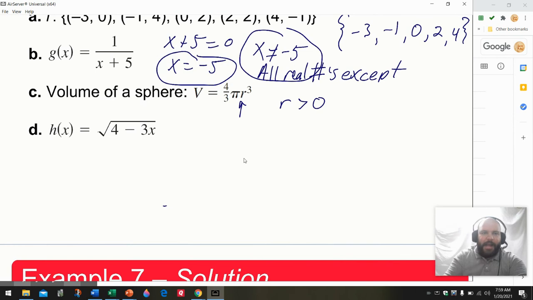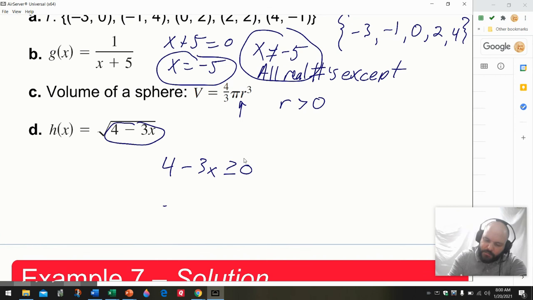Now the last one here is a square root. Remember, I said the two main places you're going to have domain restrictions are functions that have variables on the bottom or square roots. The way we do this is you take whatever's under the square root and set it greater than or equal to 0 to get your domain, because whatever's under there has to be 0 or larger so we can square root it. So we set 4 minus 3x greater than or equal to 0.